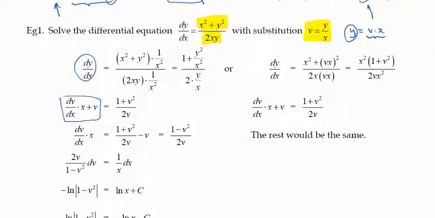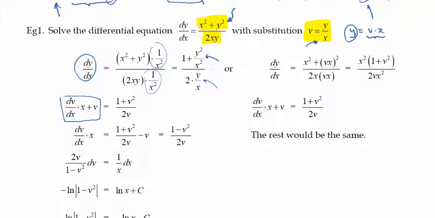On the right hand side, with x squared plus y squared in the numerator, as you simplify it, multiply both the top and bottom by 1 over x squared, you will end up with something that is pretty convenient to work with. You will just end up with 1 plus v squared at the top, and the denominator will just turn into 2 times v.